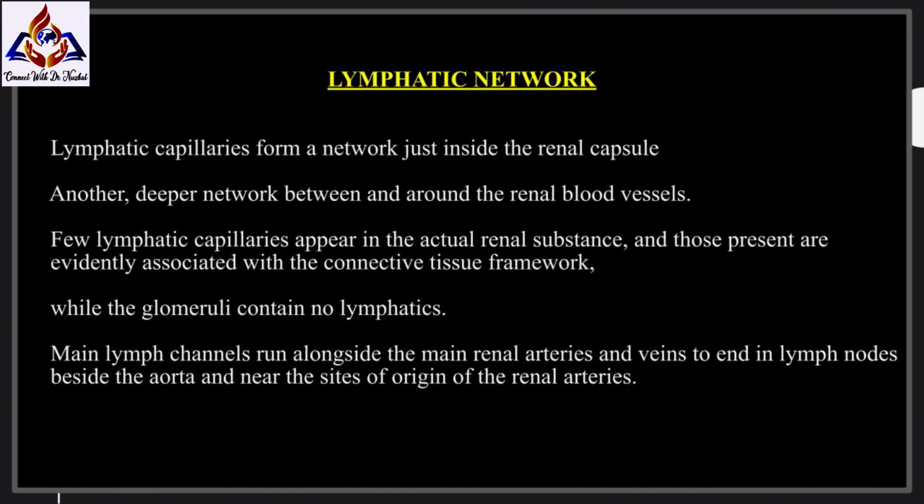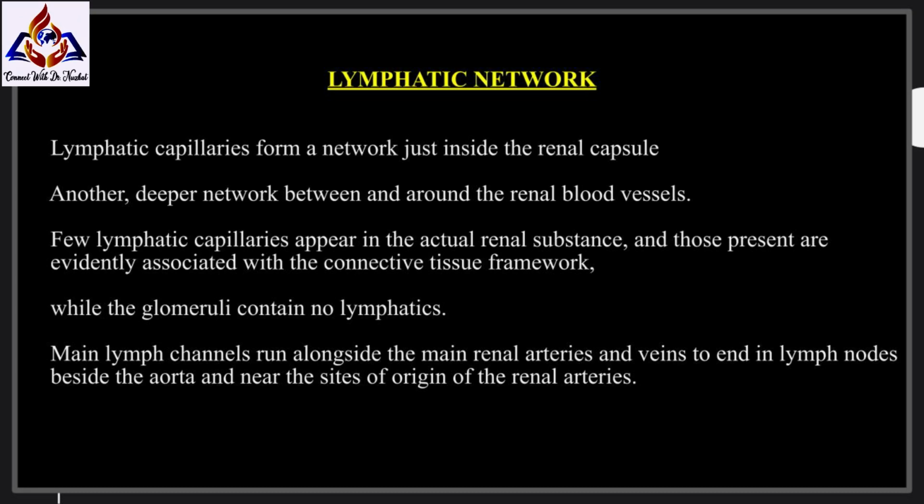Lymphatic network. Lymphatic capillaries form a network just inside the renal capsule and another deeper network between and around the renal blood vessels. Few lymphatic capillaries appear in the actual renal substance, and those present are evidently associated with the connective tissue framework, while the glomeruli contain no lymphatics.